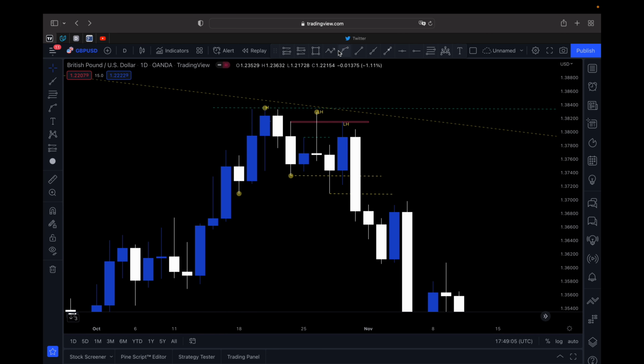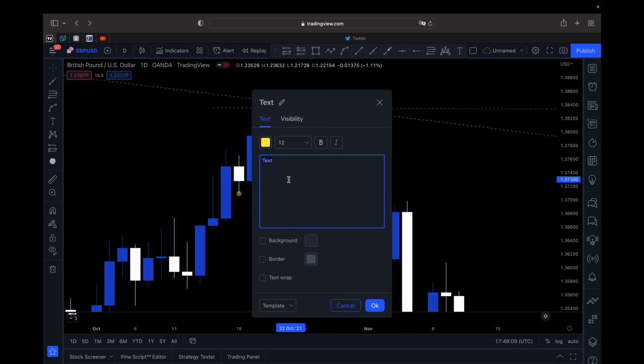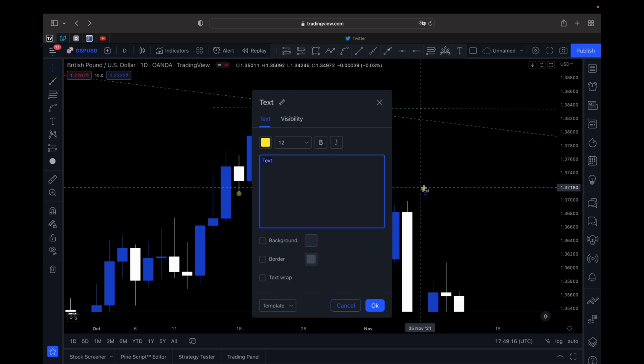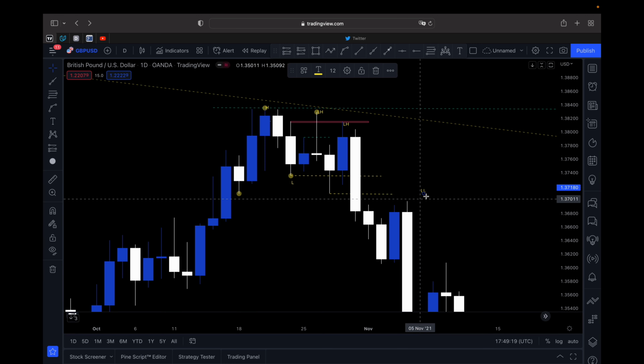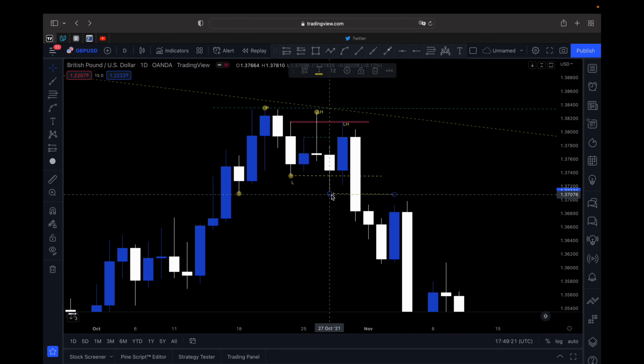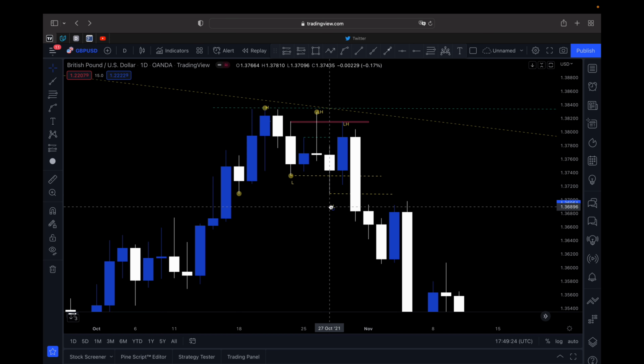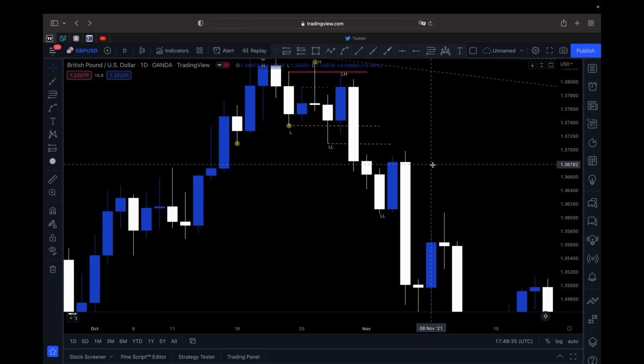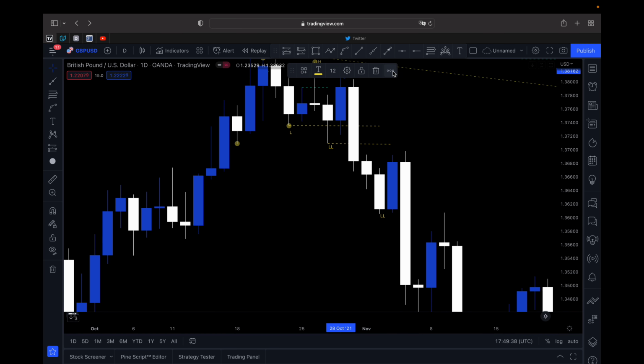Tested the low, the lower low here, the lower low here, created the lower high for the next lower low movement, which is here, and created the lower high movement here.